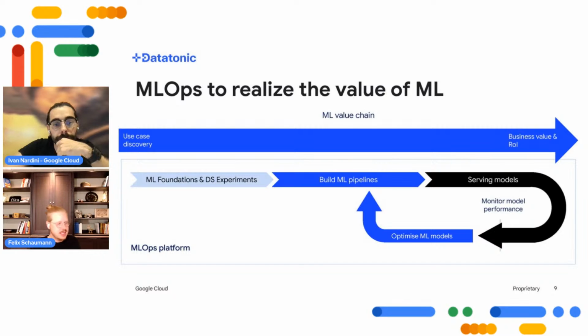And whenever you see that your model performance is actually decaying, there needs to be a process, best case automatically, which can optimize your machine learning models. And this comes back essentially to the build of machine learning pipelines, because an automated retraining of your models requires machine learning pipelines which are standardized, which can retrain your models, and also automation to bring those models and the new updates of the models to your production environment.